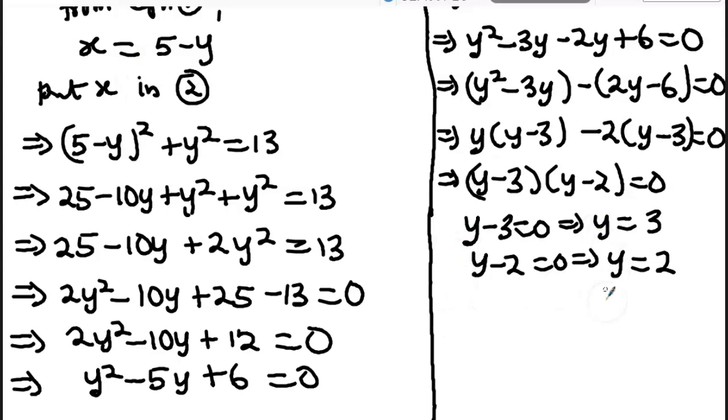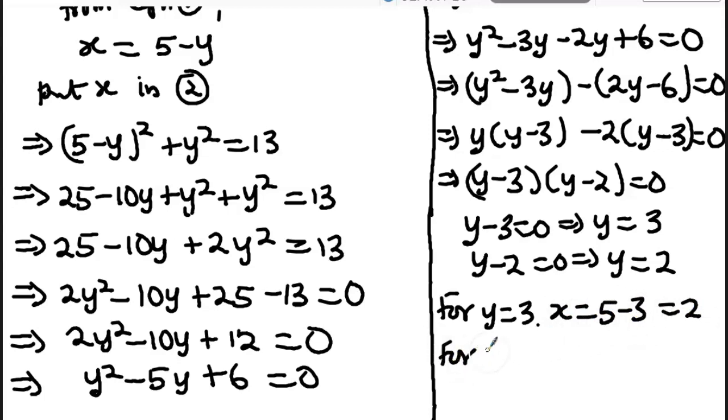So we have two values of y, so find the value of x in each case. For y is equal to 3, x will be 5 minus 3, which is 2. For y is equal to 2, x will be 5 minus 2, which is 3.